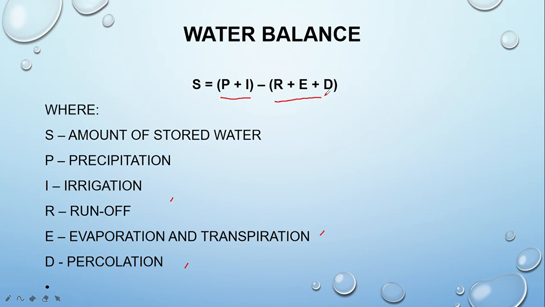Right. So this is the stored water. There is only storage, or water being stored in the soil, if precipitation plus irrigation is greater than the runoff plus evaporation and transpiration plus the percolation.